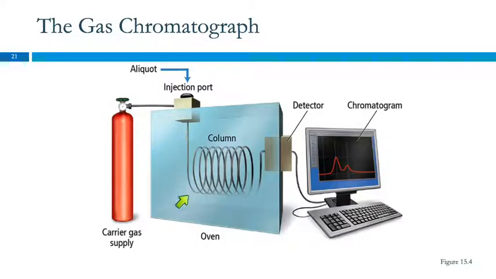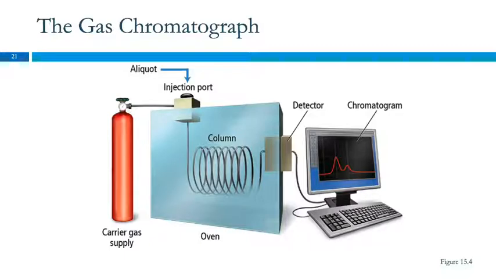And as this goes through, the column is specially designed so it's got different substrates on it, depending on what you're analyzing and what you need to separate. It's a bit like the paper chromatography that you probably did in Chem 1A, where you saw that the different colors of ink moved at different speeds on the paper, right?